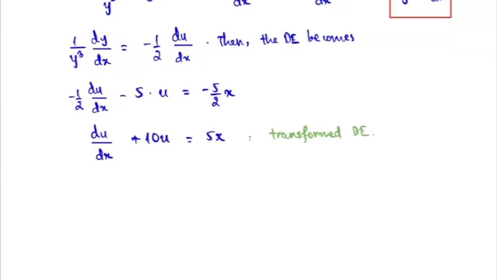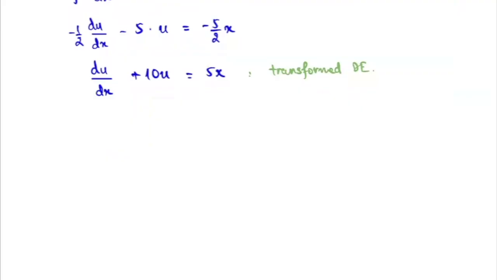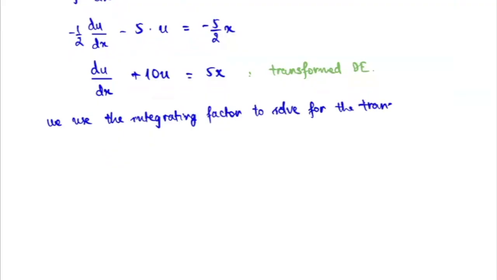Now for this transformed equation, the dependent variable is u and the independent variable is x. With this setup, you can use an integrating factor to solve it. So let me follow through with that. We use the integrating factor to solve the transformed differential equation.